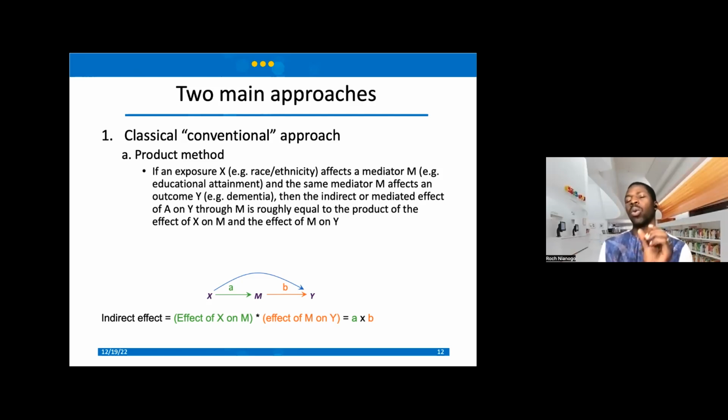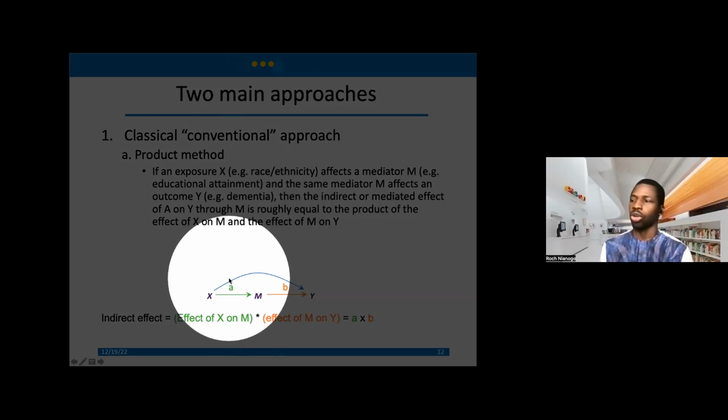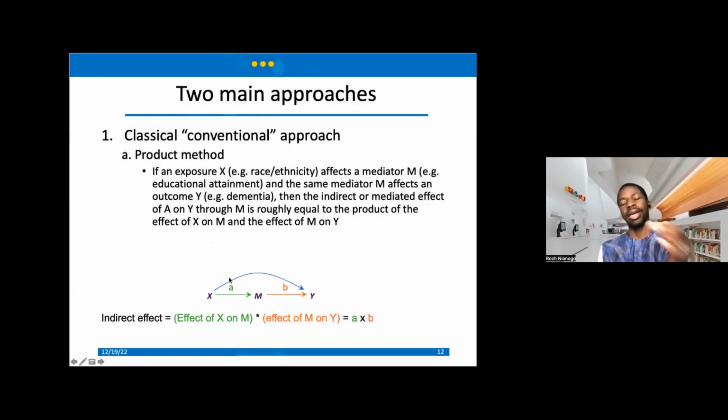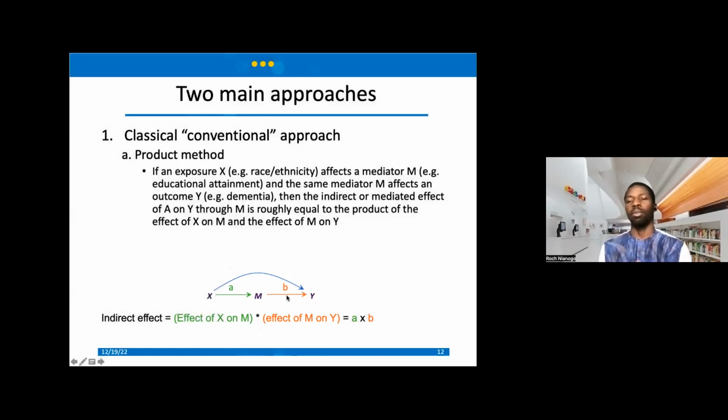Here we can see that one could calculate an indirect effect, at least using the product method, by first estimating the effect of X on M, which we call A here. You can think of it as a standardized regression coefficient. And then in the second stage, we calculate the effect of M on Y, and that we call B here.